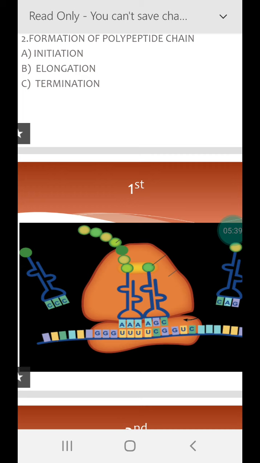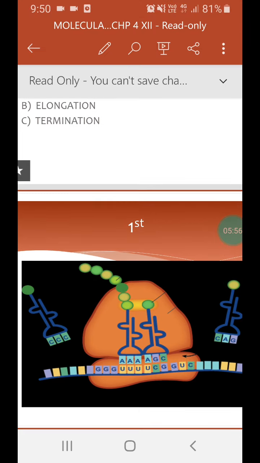So towards right hand side there is A site and towards left side it is P site. So newly arrived amino acids are attached to A site, then they are transferred to P site, and in this way a long sequence of polypeptide is formed. So polypeptide chain is released from P site.